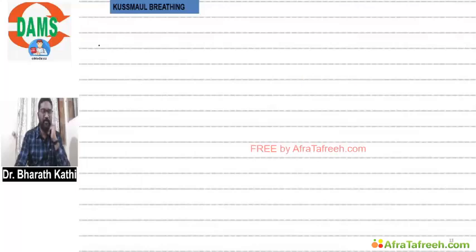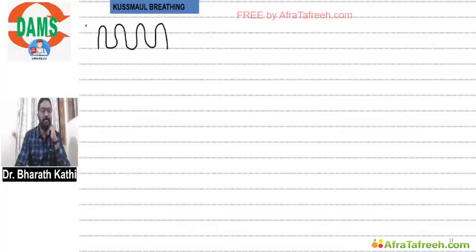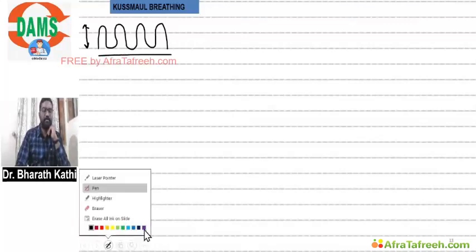So if you consider, this is the normal respiration. Let this be the amplitude and let this be the duration. Now Kussmaul's breathing means rapid and deep breathing. So very rapid and deep breathing.